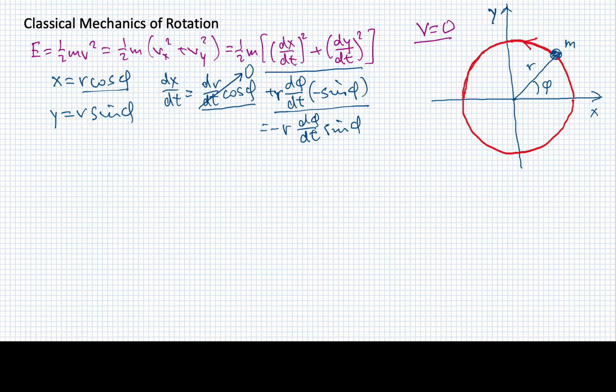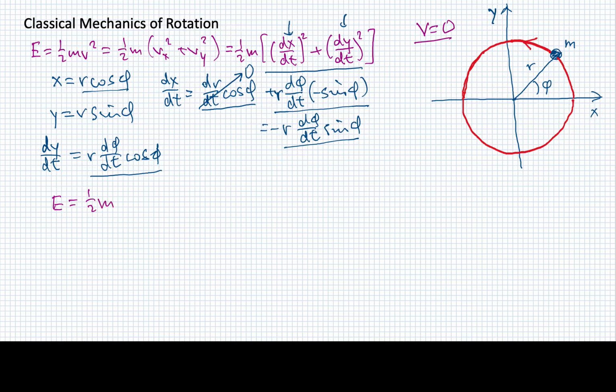Now I would do the same thing for the y coordinate, and if I went through that same analysis, I would end up with the result that dy/dt is equal to r times d phi/dt cosine of phi. So now when I take the square of this to represent that, and the square of this to represent that, I can now write my energy in terms of r and phi as follows.